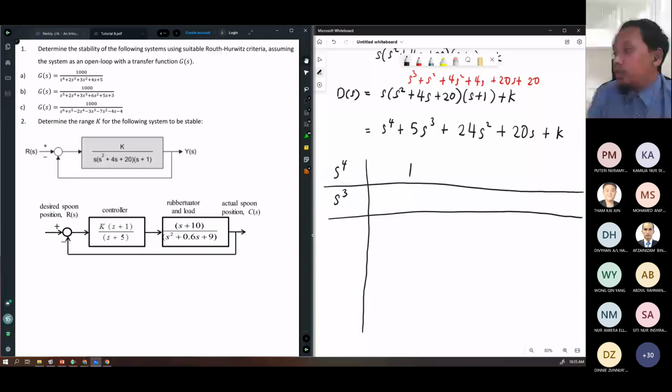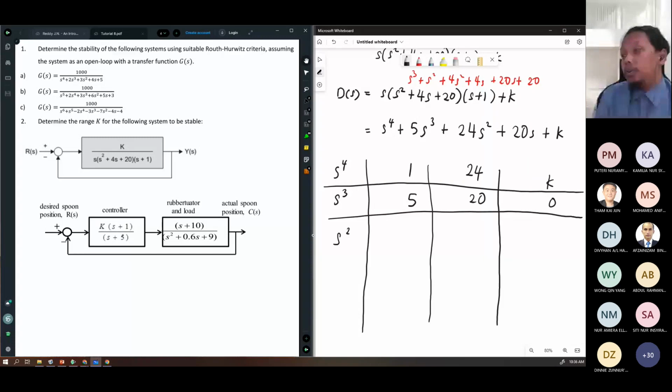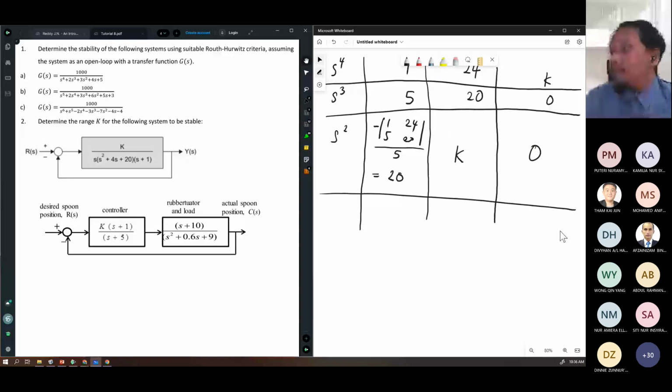As usual, arrange the coefficients alternatingly. And then calculate row S squared. And then calculate row S1.